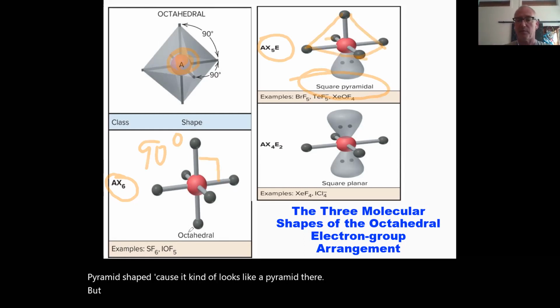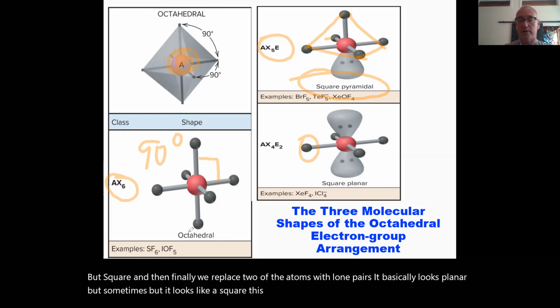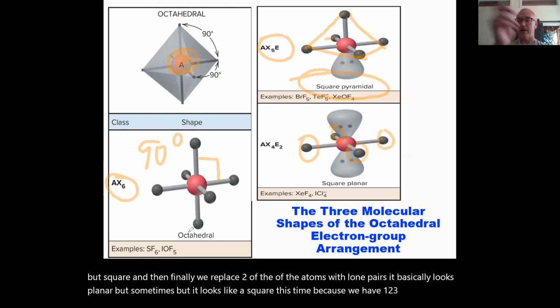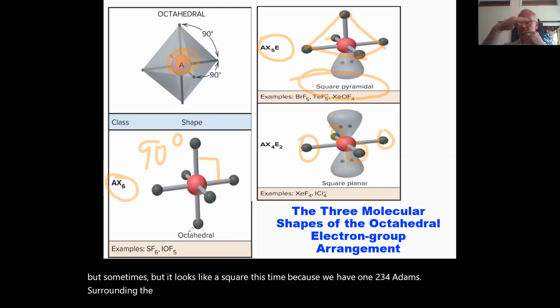And then finally, if we replace 2 of the atoms with lone pairs, it basically looks planar. But it looks like a square this time, because we have 1, 2, 3, 4 atoms surrounding the central atom, and they're all in the same plane. So they would look two-dimensional. Okay?